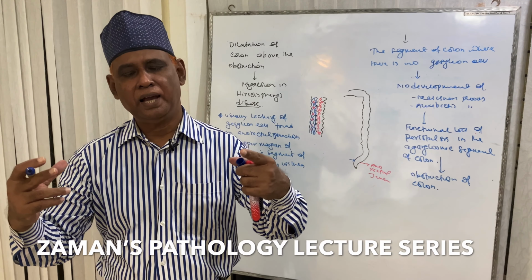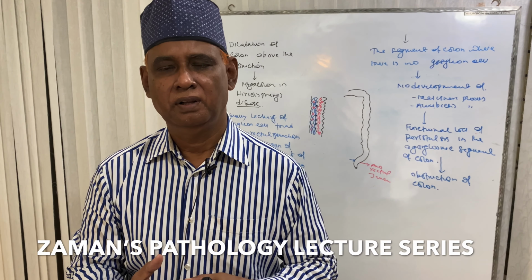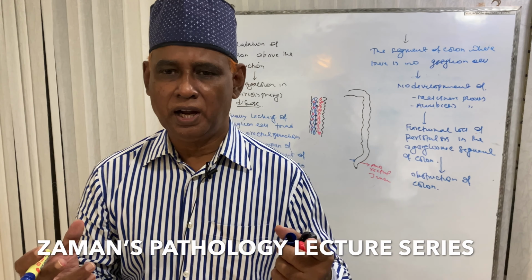So the aganglionic segment in Hirschsprung disease is usually within the rectum.